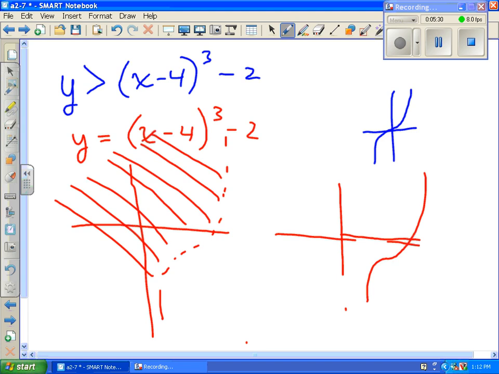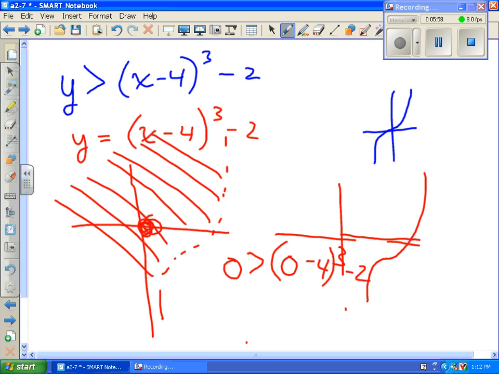Right, we take any point, and the easiest one to test is we say, is (0, 0) a solution to that inequality? Well, if that was the case, it would be, is 0 greater than (0 minus 4) cubed minus 2?